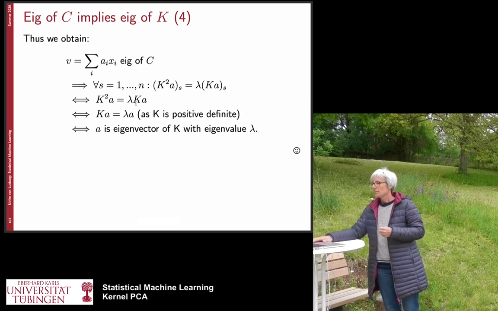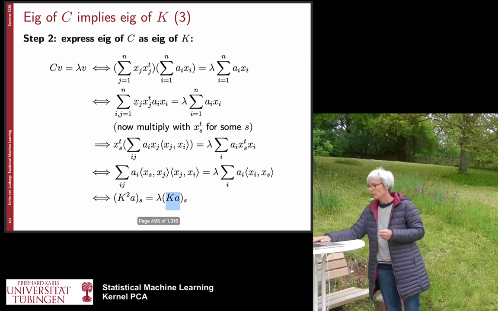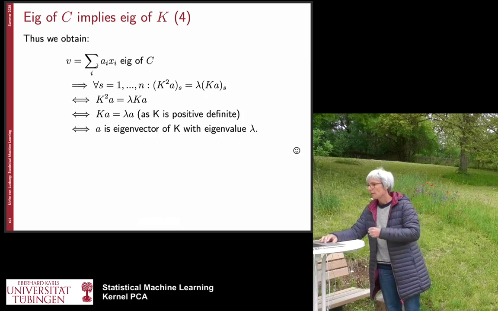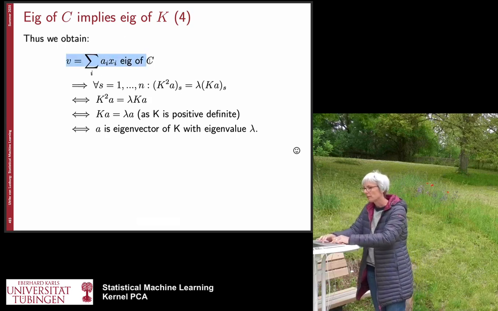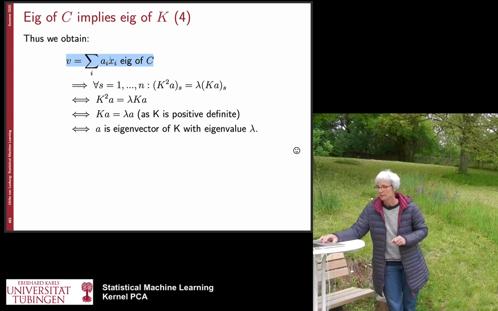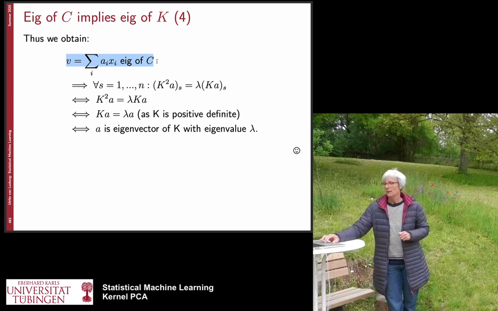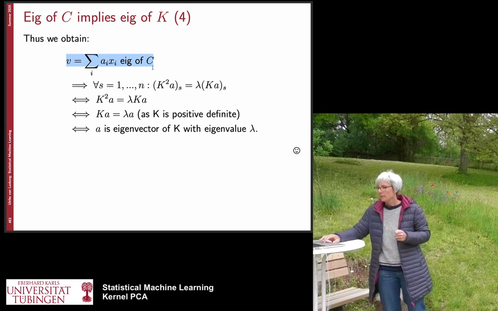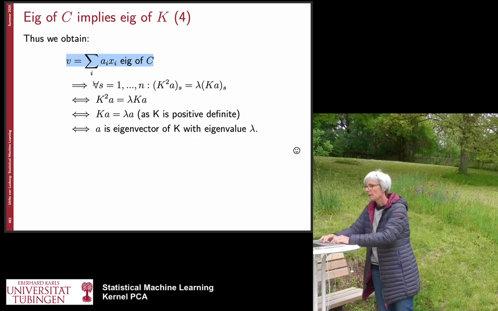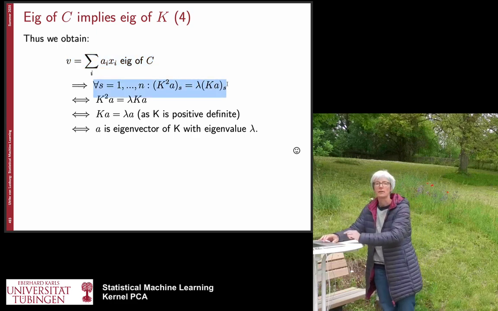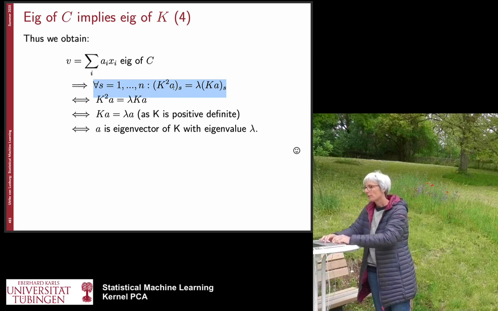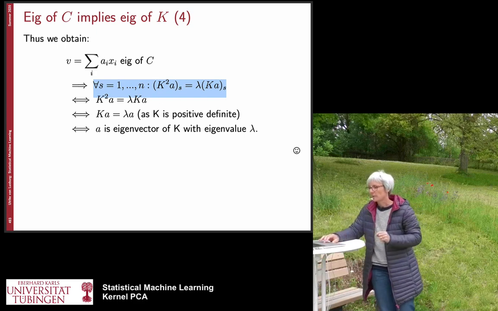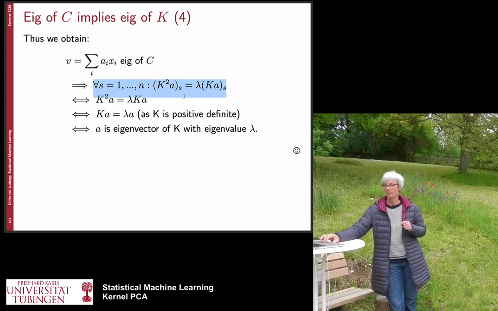So what we have obtained so far is, again, a recap. We start with this vector v defined in this way. This is an eigenvector of c. Then for each s, this is the arrow that just went in one direction, we get that k square a index s is the same as lambda ka index s.